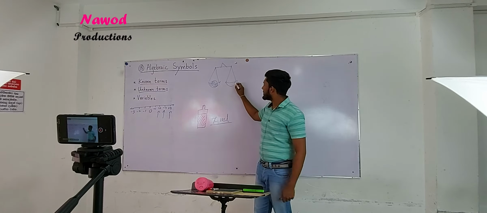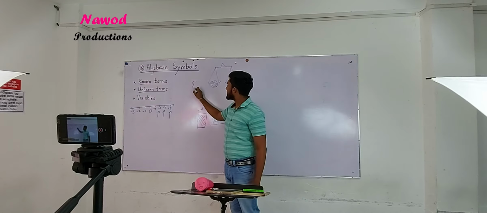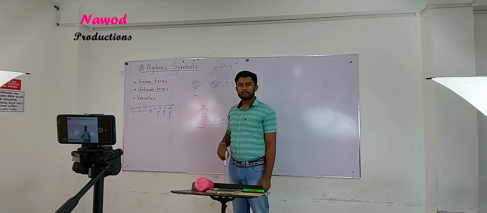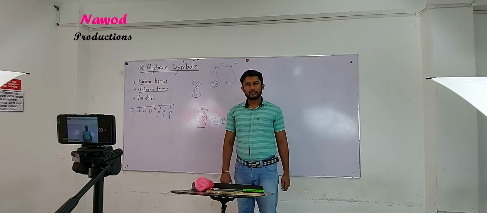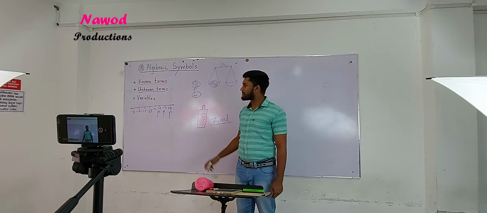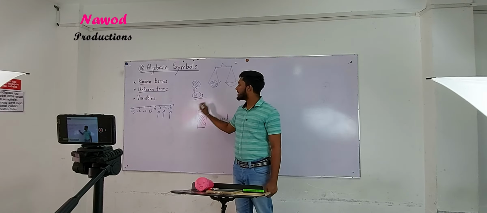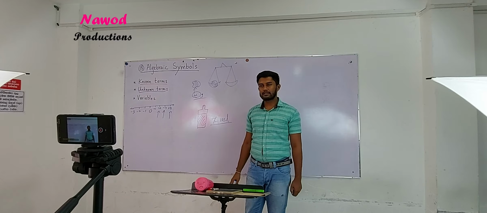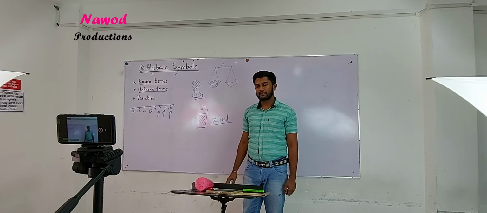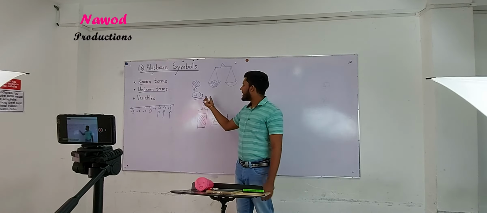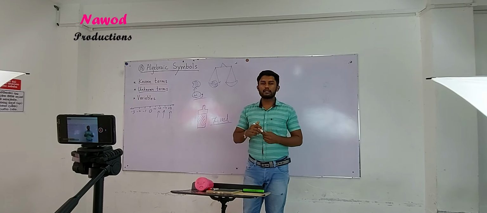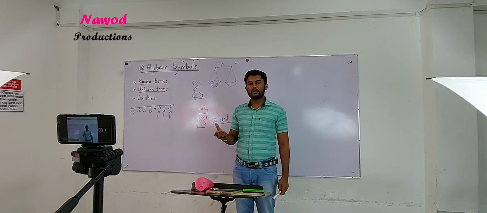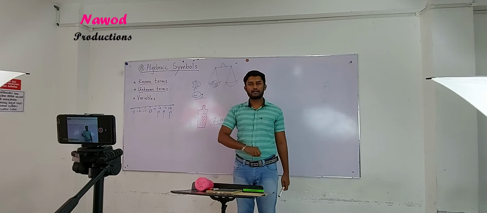Then at the very beginning, do we know the mass? We can put the mass as simple m, m grams. Can we take it? Yes. So to represent an unknown mass, we can use simple m.